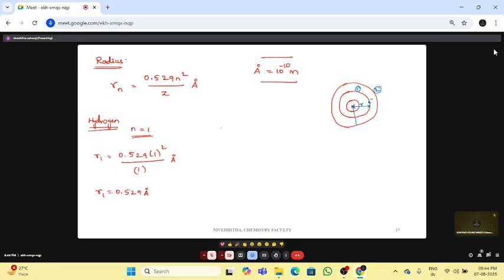Okay. For example, I have lithium 2 plus. In lithium 2 plus, how many electrons will be there? 1. So it is a single electron system. Definitely, we can apply Bohr's concept to this lithium ion. And this electron is present in the third excited state.